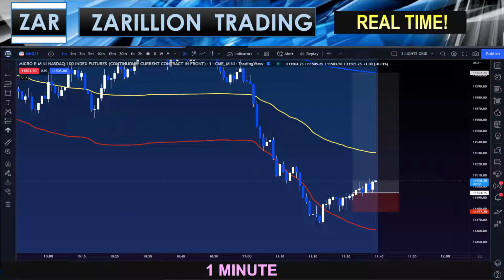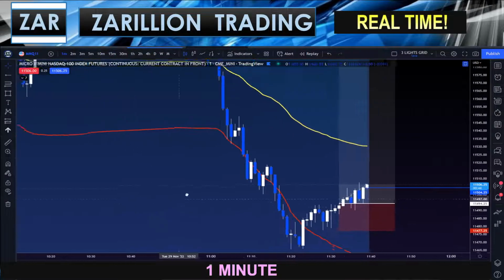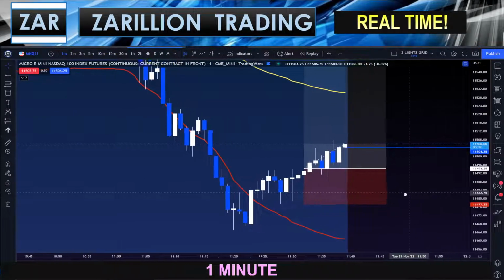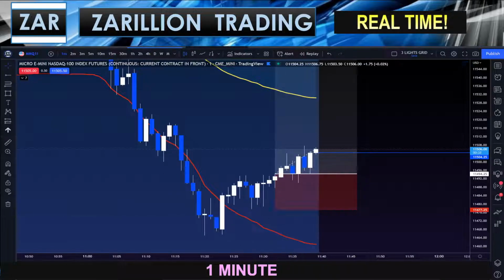All right, guys, I'm back. I've just added into this trade. So I've added another position here, and I added right here on the close of that larger 1-minute candle. So my first position is here, obviously.